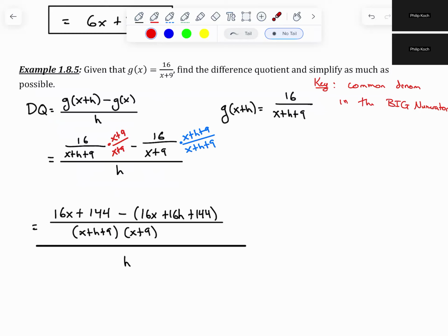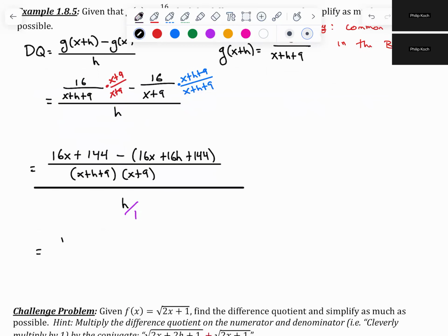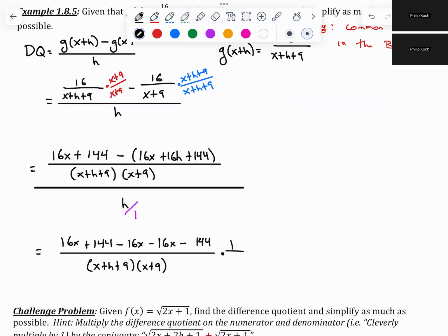So as a reminder, you can think of h as h over 1. So we can treat this as division by a fraction, so you can flip and multiply. So this is equal to 16x plus 144 minus 16x minus 16h minus 144, all divided by x plus h plus 9 times x plus 9, times 1 over h.